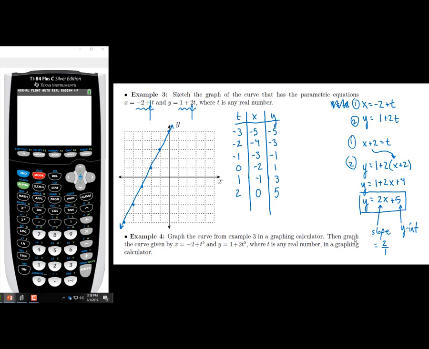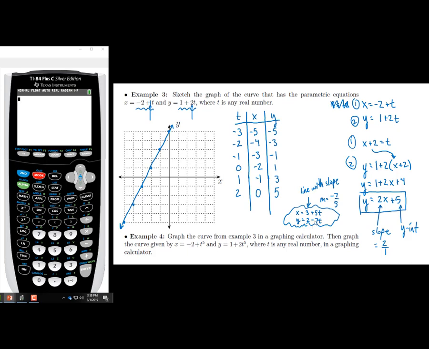Okay? So as a completely separate problem, if I had x equals 3 plus 5t, and y equals 2 minus 7t, just by looking at those two equations, I would say that this is a line with a slope of -7/5.